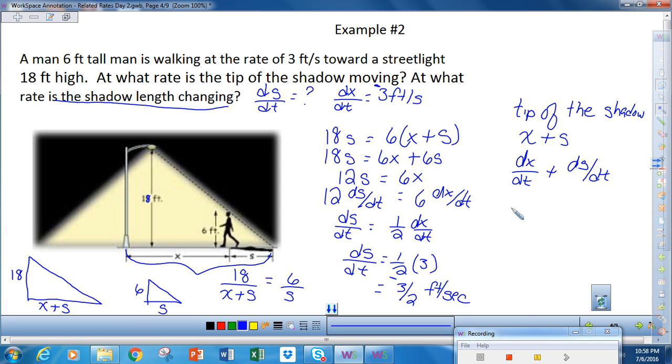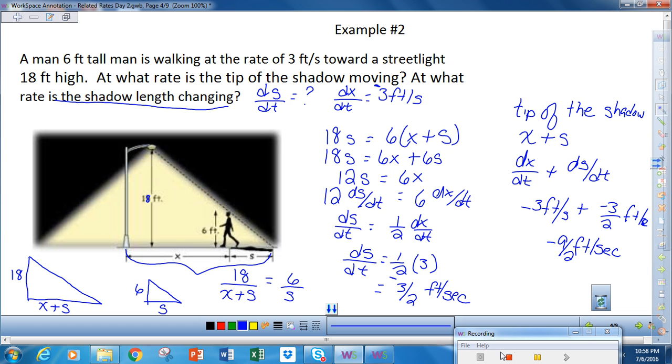We know that dx/dt is negative 3 feet per second, and ds/dt is negative 3/2 feet per second. So the tip of the shadow would be negative 9/2, because I would make that 6 halves. So that would be negative 9/2 feet per second.